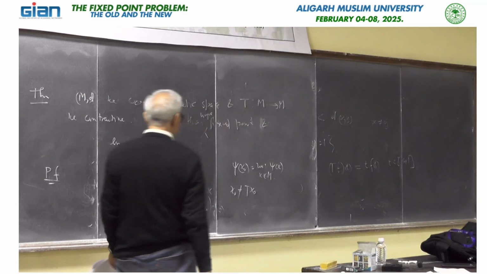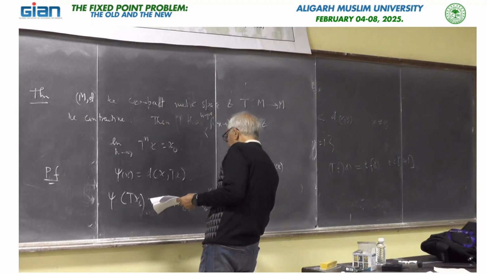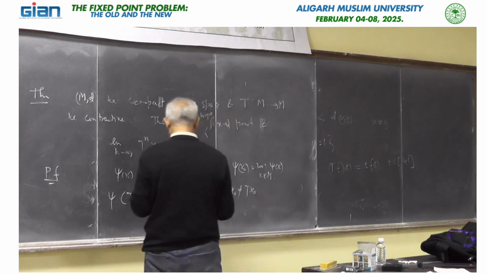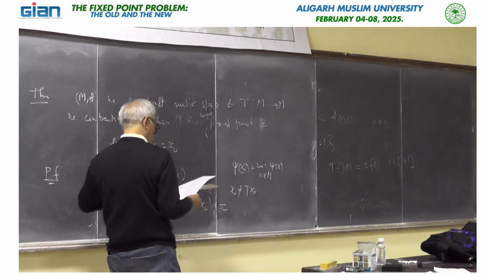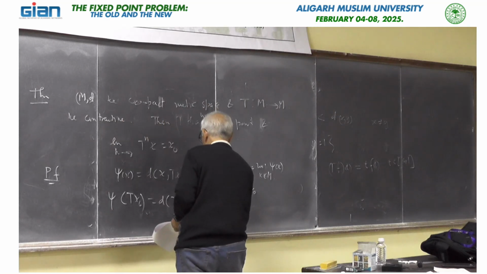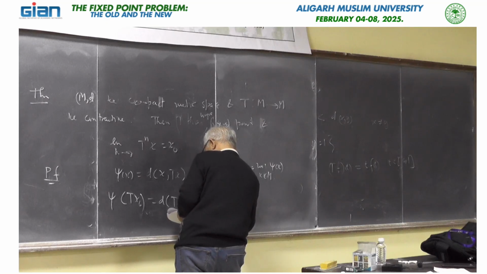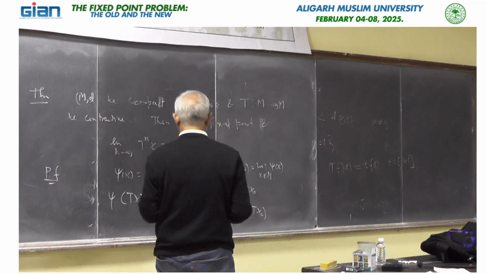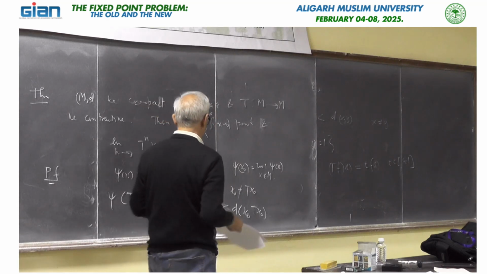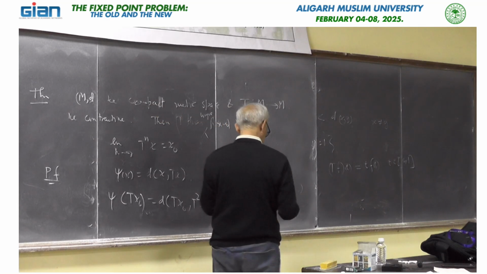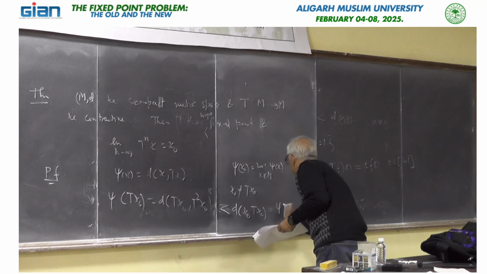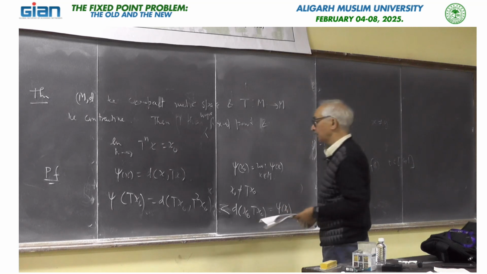Then you look at these things: d of T x_0, T squared x_0 is less than d of x_0, T x_0, because of the contractive condition. So psi of T x_0 is less than psi of x_0.